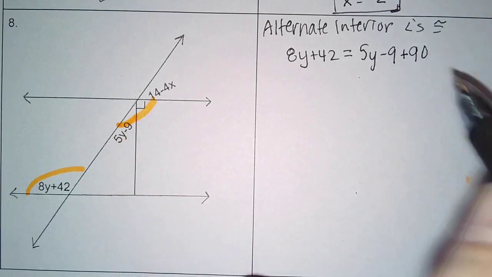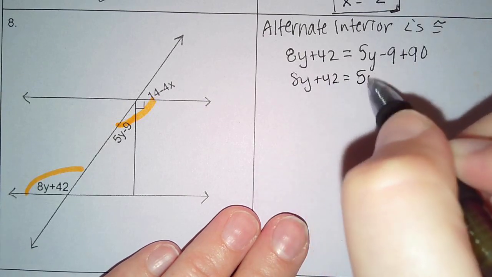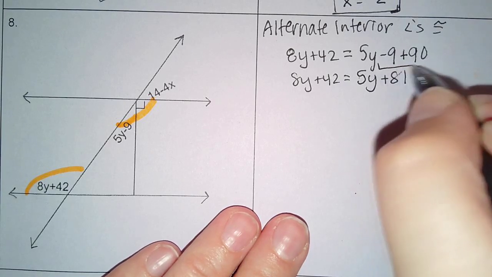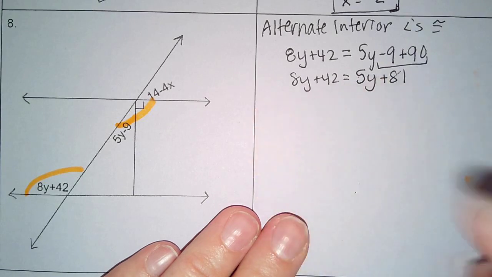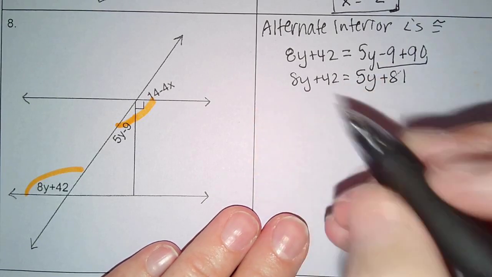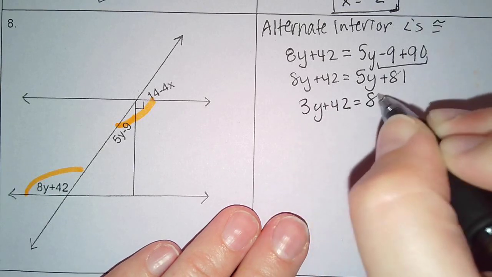Simplifying on the right side, 5y plus 81, negative 9 plus 90 was 81. Subtract 5y on both sides, so you get 3y. Dropping everything else down.